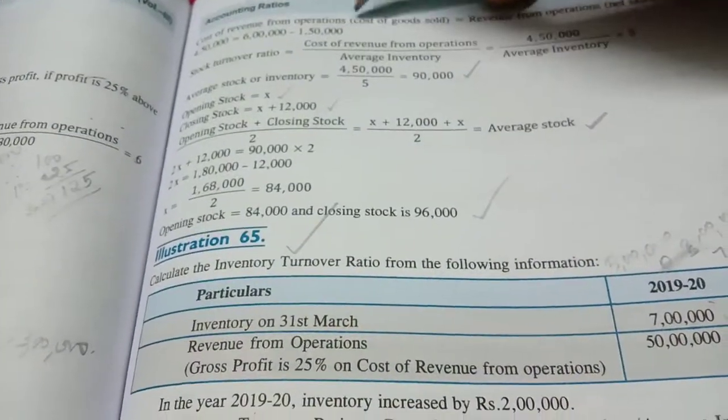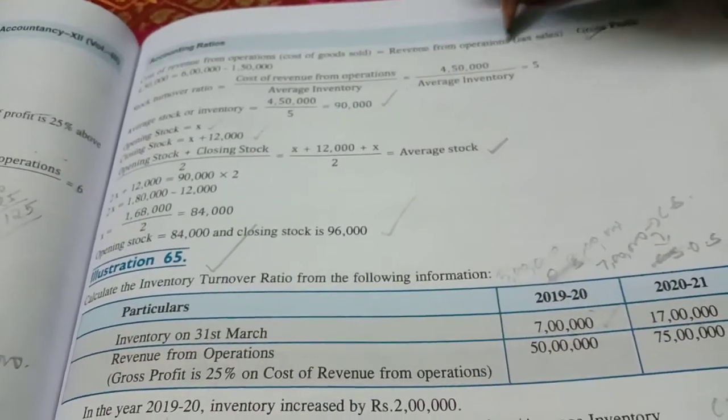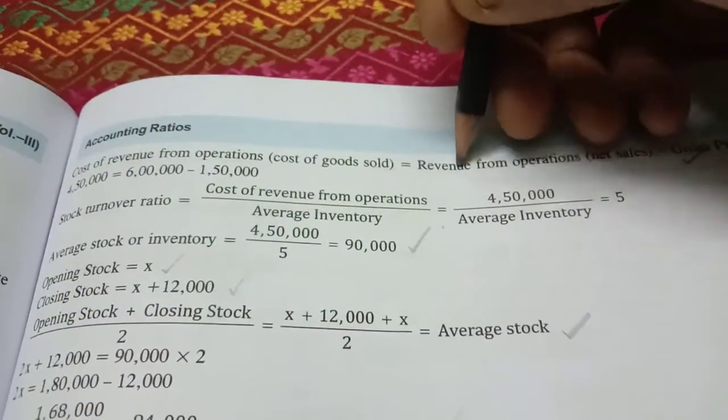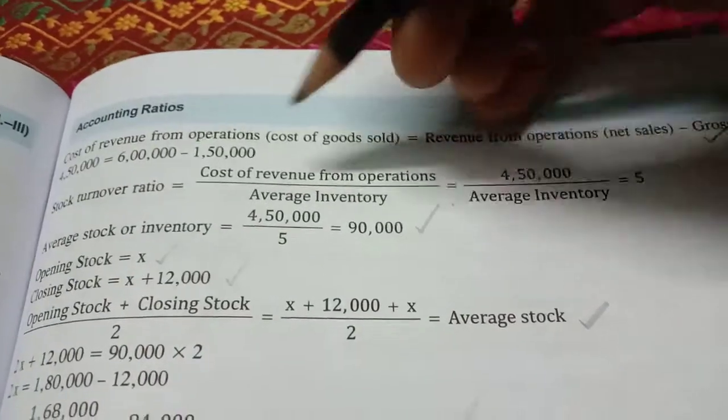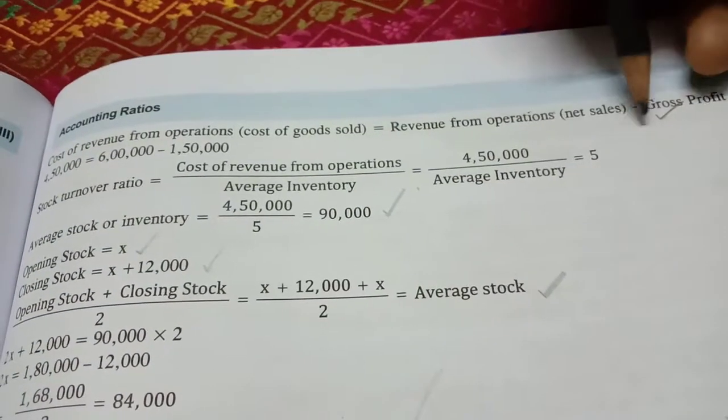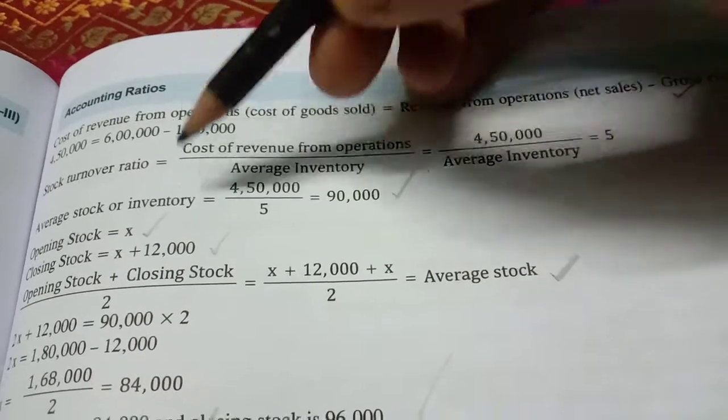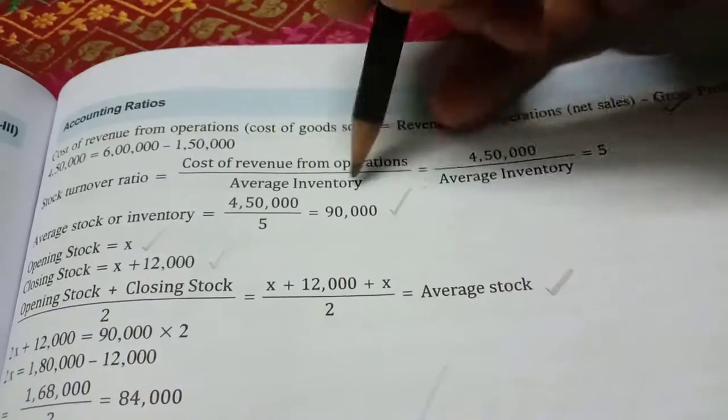Cost of revenue from operation equal to revenue from operation, that is net sales minus gross profit. So from this, the revenue from operation net sales is 6 lakhs and gross profit we calculated 1,50,000. The balance is the cost of revenue from operation.